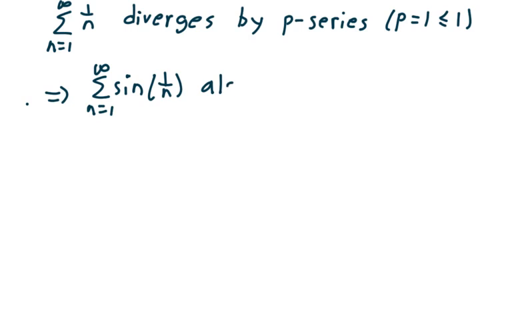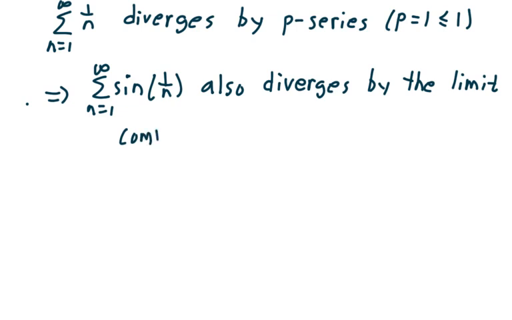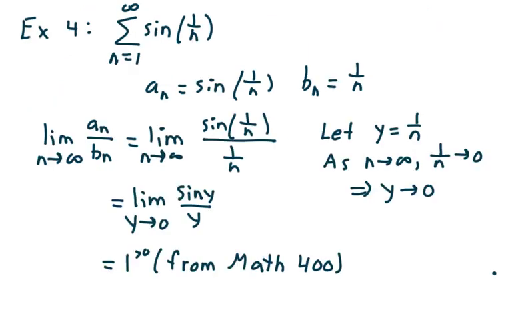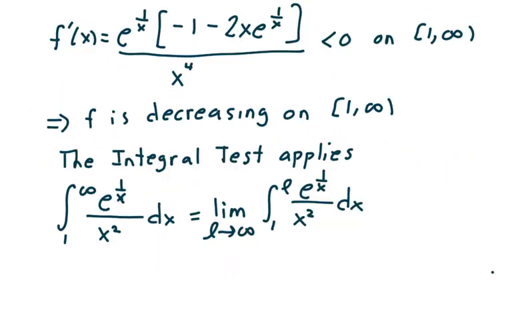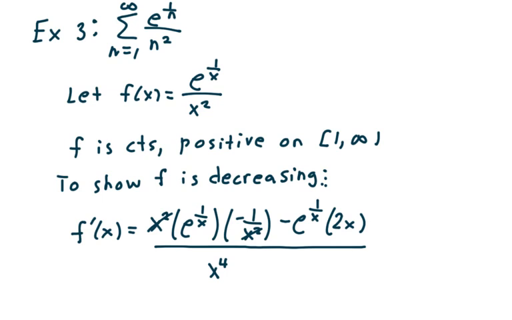This also diverges by the limit comparison test. And that was example 4. The other one, by the way, was example 3.